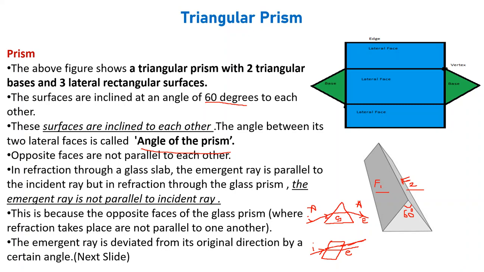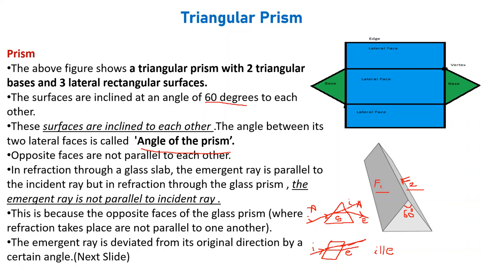But here you can see, if I just extend this ray, this is my incident ray. They are not parallel at all. My incident ray is not parallel to the emergent ray. Why did this happen? This happens because the two surfaces of the triangular prism are not arranged parallelly, because they are arranged parallelly in a rectangular glass slab. That is why the incident ray was parallel to the emergent ray.